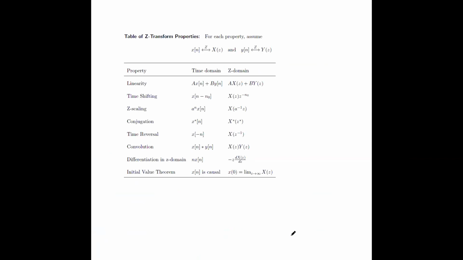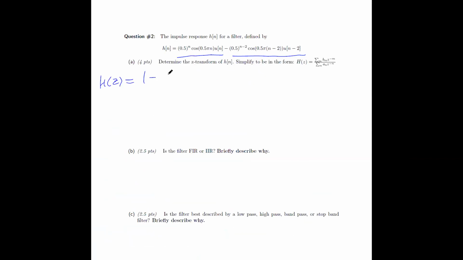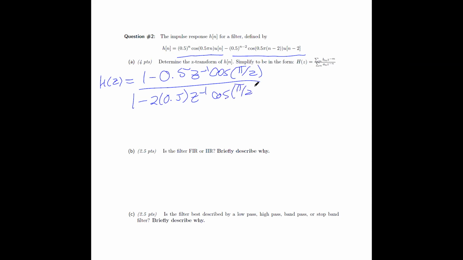So 1 minus A z to the negative 1 cosine of pi over 2, over 1 minus 2 times 0.5 z to the negative 1 cosine of pi over 2 plus A squared, 0.5 squared, so 0.25 z to the negative 2.